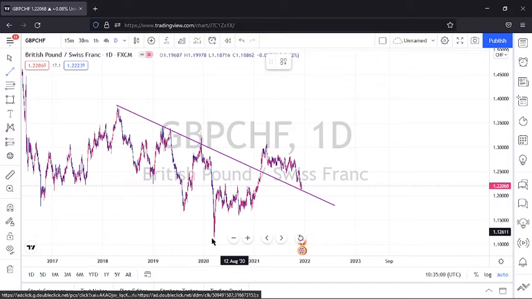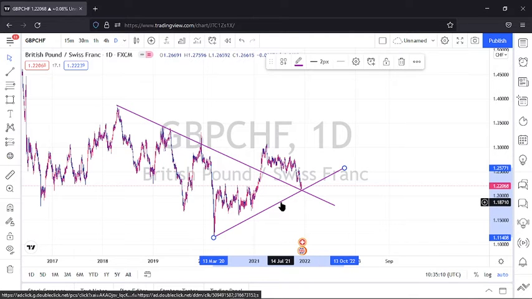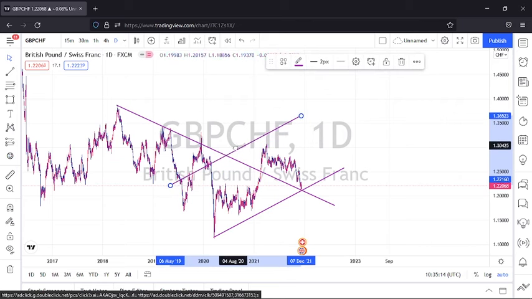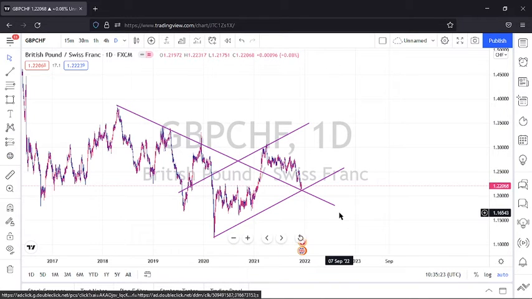I'm seeing something like this, so I have to duplicate this. Alright, this is a very perfect one right here, very simple analysis.